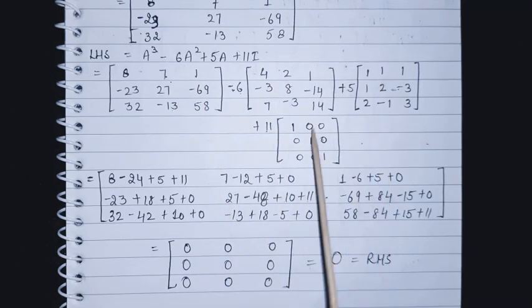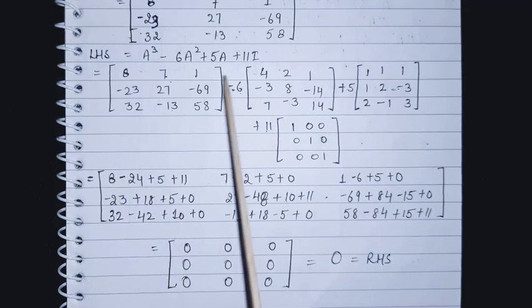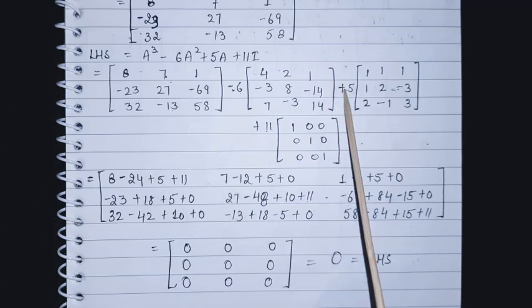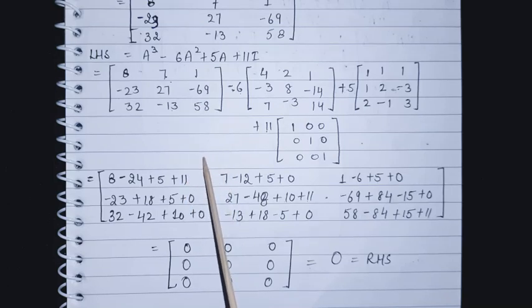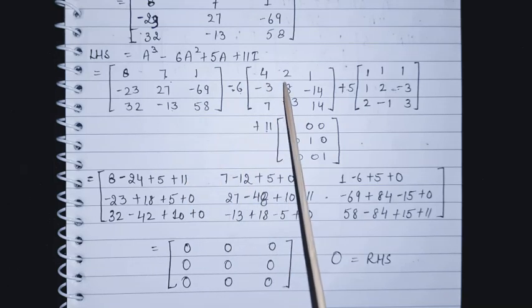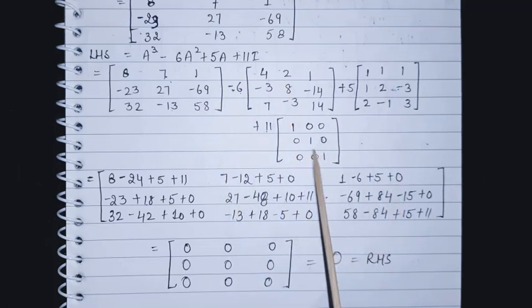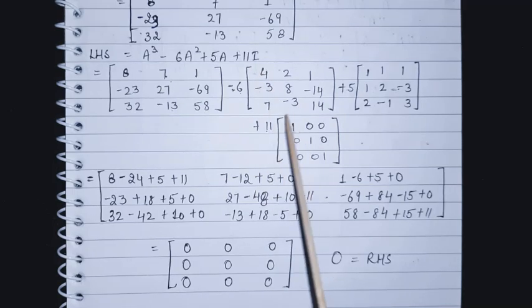Now we will solve these 4 together. So our first element will be 8 minus 6 into 4, 24, plus 5 into 1, 5, plus 11 into 1, 11. Although we can also add one more step here, that first we can multiply 6 and 5 inside, and then add these 4 matrices, but we are doing it straight away. We are doing multiplication also, and then we are adding them also.